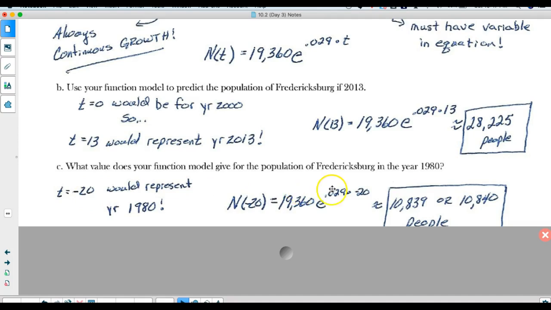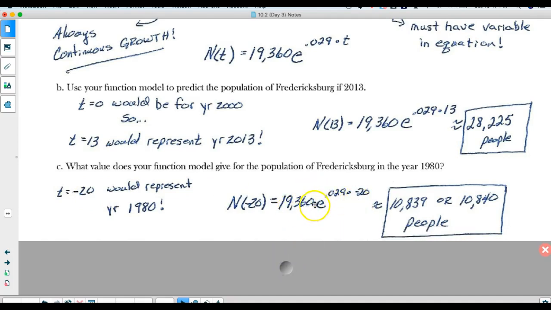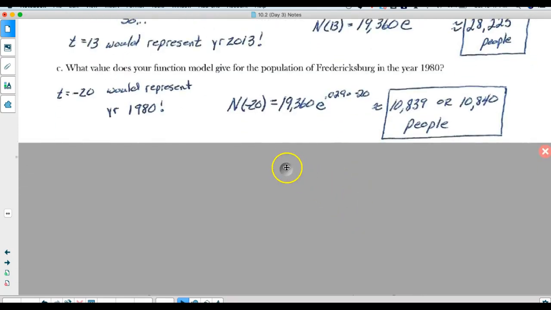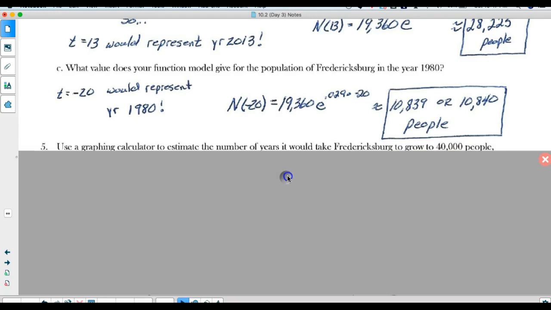If I took 19,360 times e raised to the 0.029 times negative 20, it's going to back the population up to what it was in 1980: 10,839 or 10,840, depending on how you rounded. A couple different schools of thought there. Either one would be acceptable.